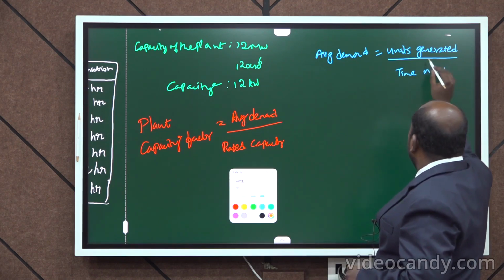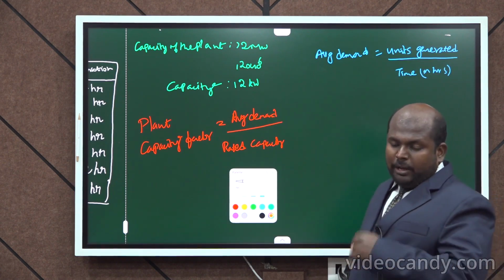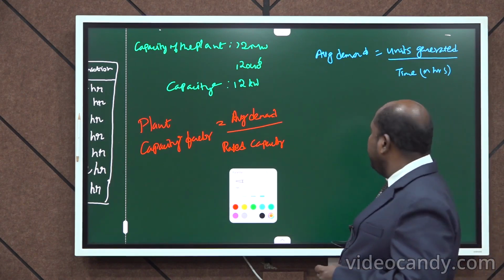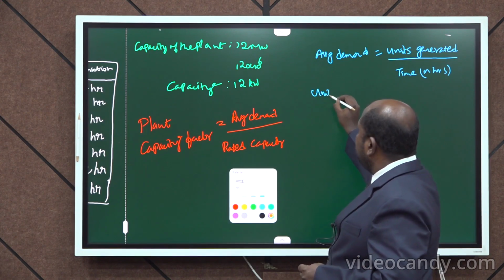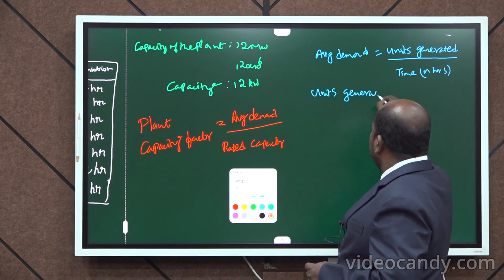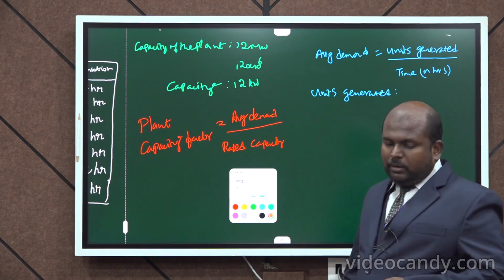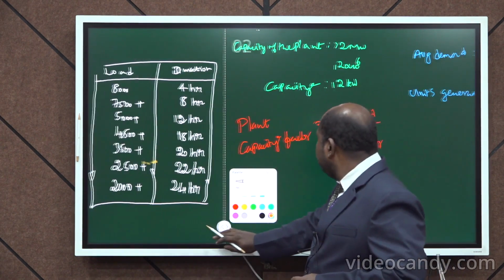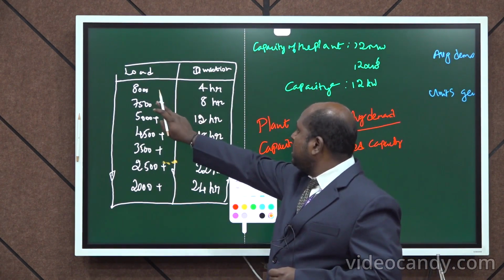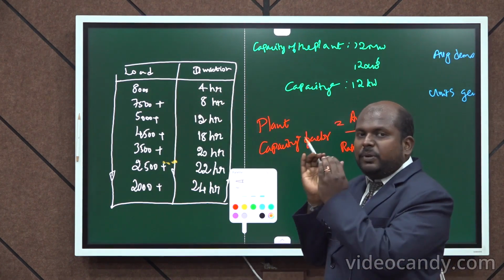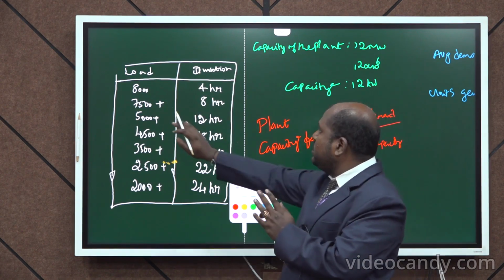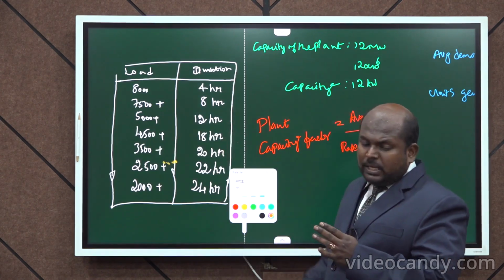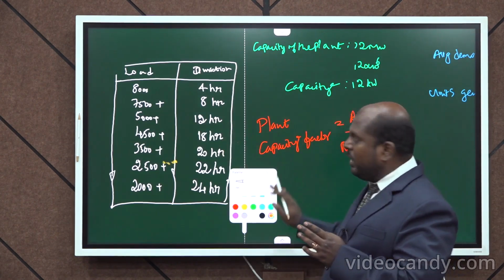Now the units generated is not yet obtained here, so I am going to calculate the units generated from this table, which notates 8000 for 4 hours, 7500 for 8 hours, and 5000 for 12 hours. So the entire generation is going to have a calculation.